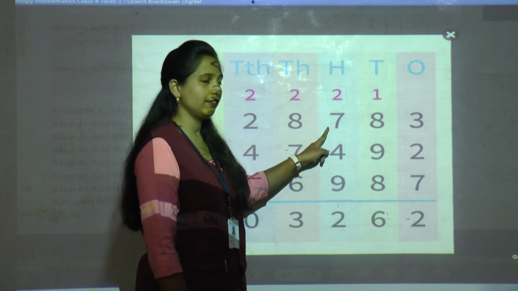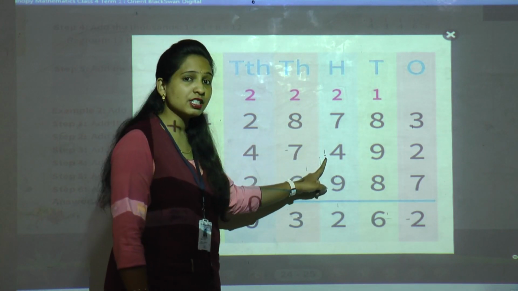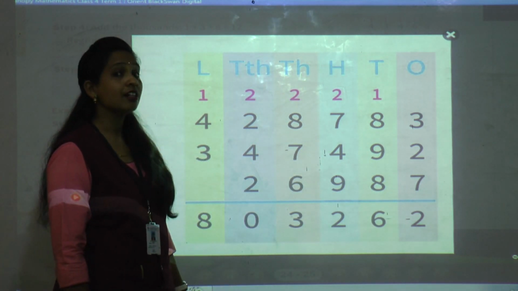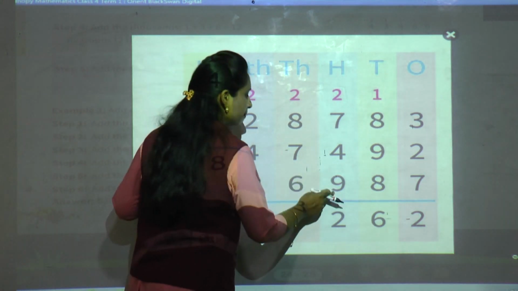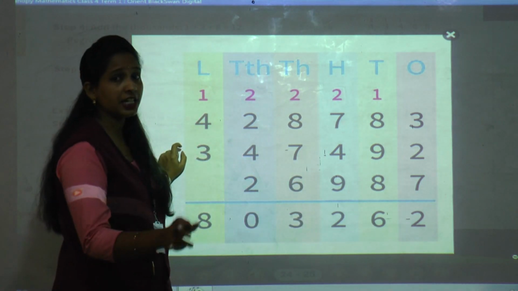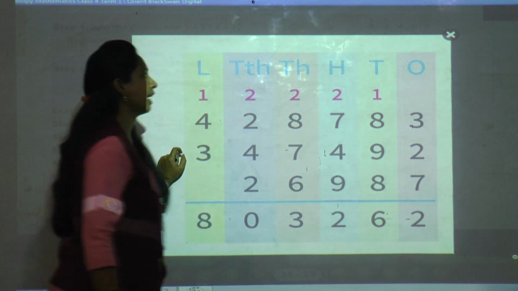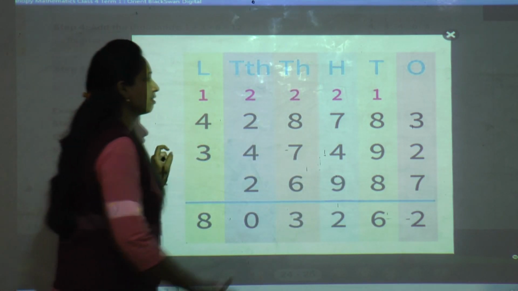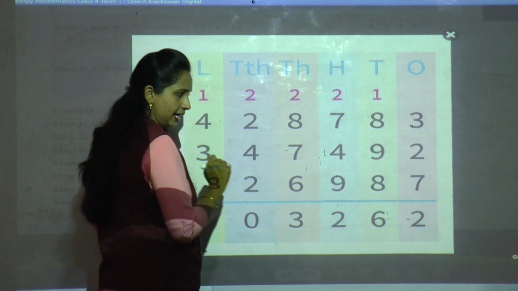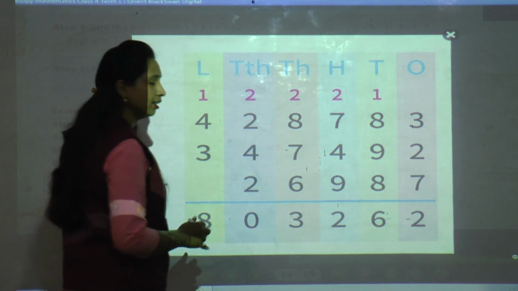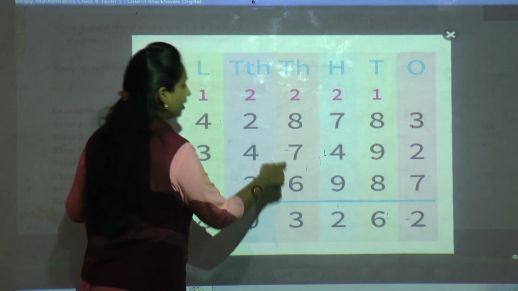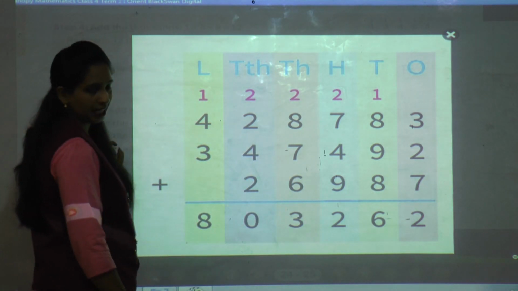Now 2 plus 7 is 9, 9 plus 4 is 13, 13 plus 9 is 22. So 2 we write on hundreds place and 2 we carry to thousands place. Now 2 plus 8 is 10, 10 plus 7 is 17, 17 plus 6 is 23.